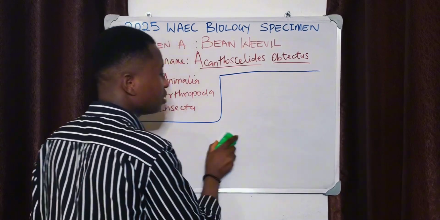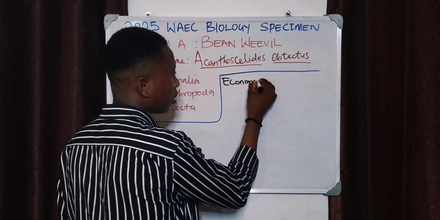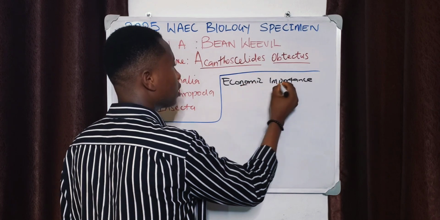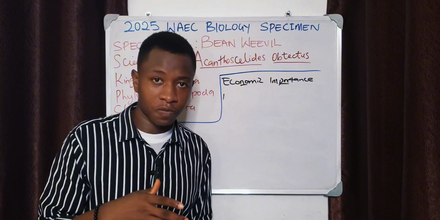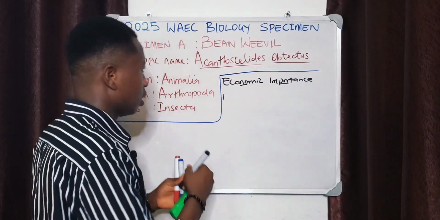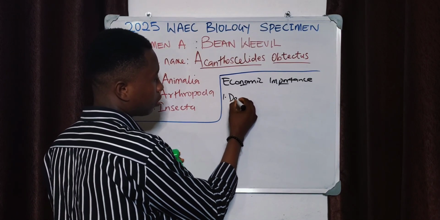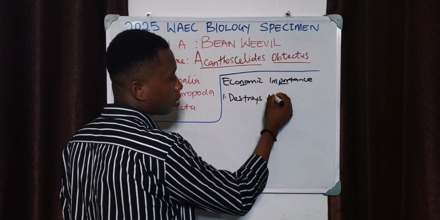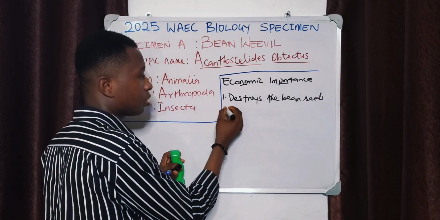Now, let's look at other things we need to know about this specimen. They may ask you, what's the economic importance of specimen A? Economic importance can be both negative and positive. In this case, it has to be the negative economic importance. The first one is that it destroys crops, or you can say it destroys the bean seed.